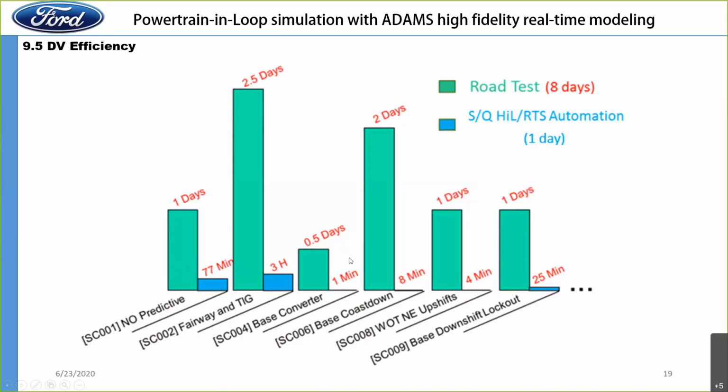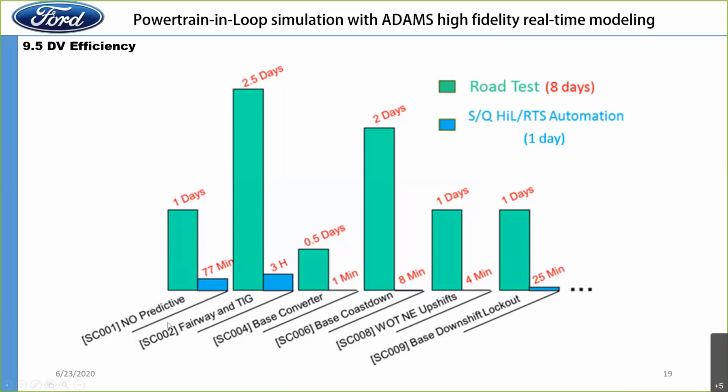For the same set of procedures, for example, a baseline base converter schedule, base coast down schedule, wide open throttle upshift schedule, and the base downshift schedule, which is a typical procedure we have to complete during the calibration, in the road test it takes about 8 days to complete the whole set.